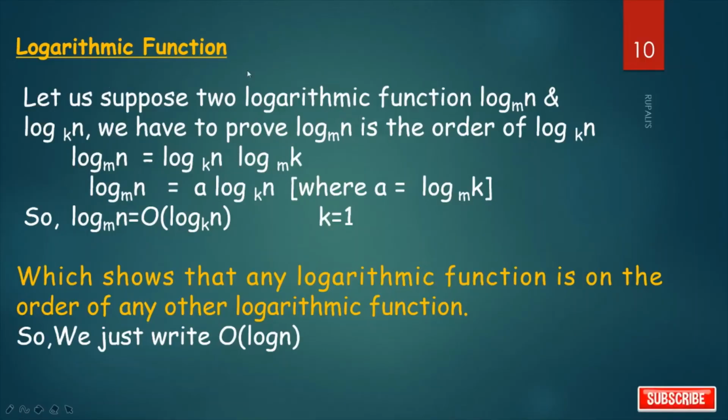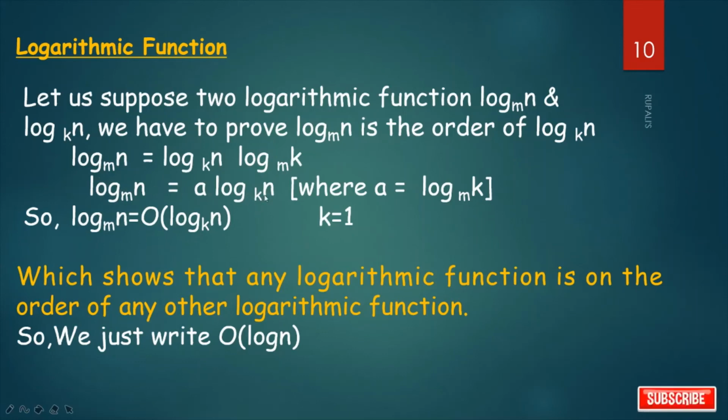Logarithmic function. Let us suppose two logarithmic functions, log m base n and log k base n. We have to prove that log m base n is the order of log k base n. So what is log m base n? It is log k base n into log m base k. If log m base k is a, then we can write log m base n equals a into log k base n.